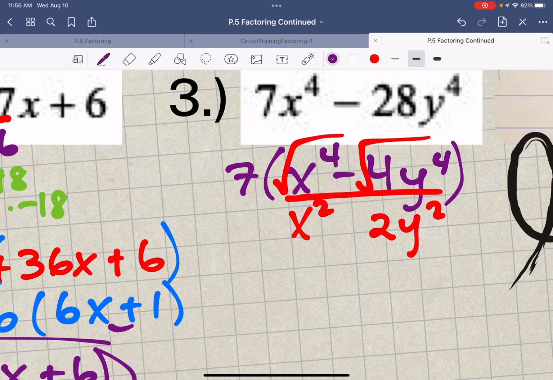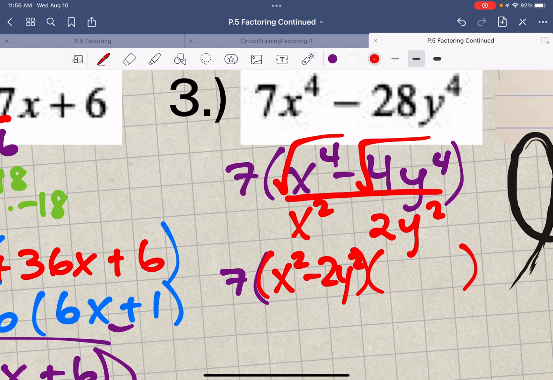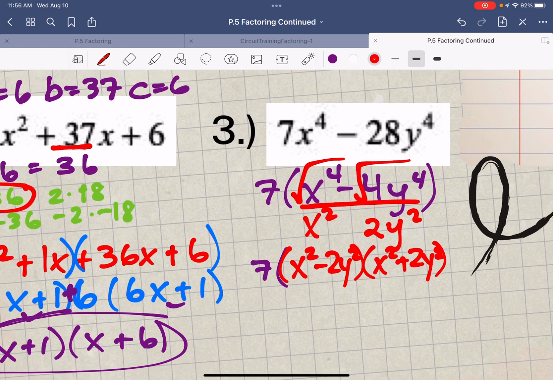And so I can't forget about my 7. It's got to be here with the parentheses. But I can do difference of squares. So it's a minus b and then a plus b. And I know I flipped that up. I usually do plus and then minus, but like I said before in the previous class, that doesn't matter.